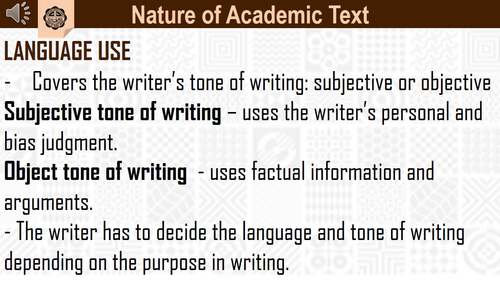The subjective tone of writing uses the writer's personal biases and judgment. The objective tone of writing, on the other hand, uses factual information and arguments. The writer has to decide the language and tone of writing depending on the purpose in writing.